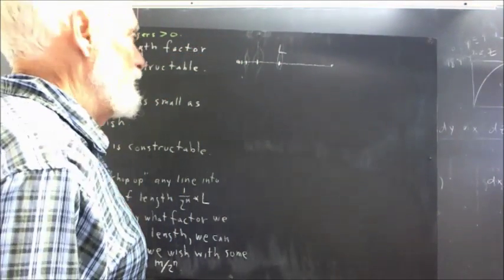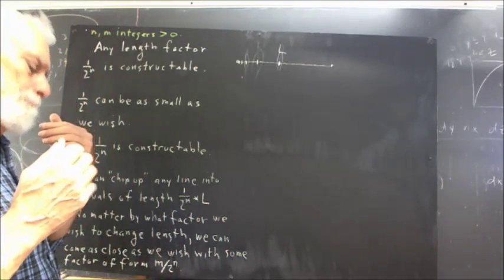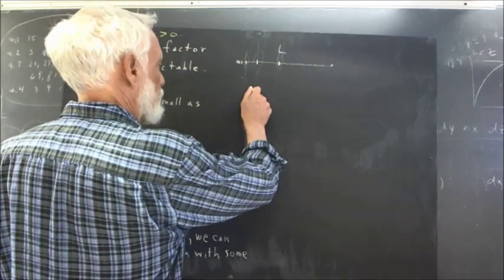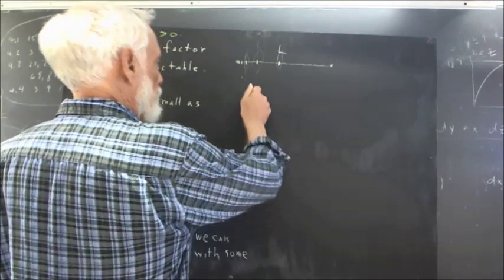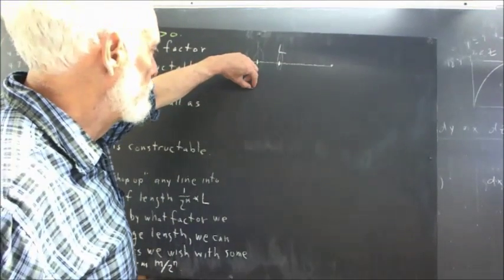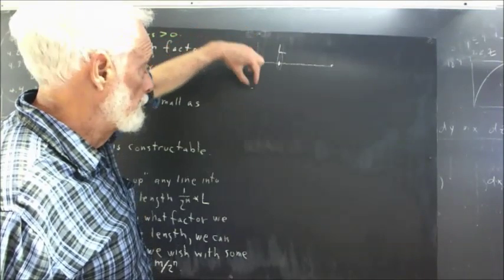So if I want to specify any degree of smallness, okay, let's say I want the distance to be no more than the length of this line segment. Well, I divide it once, and my distance here is bigger than this.